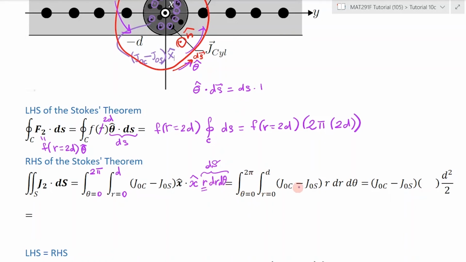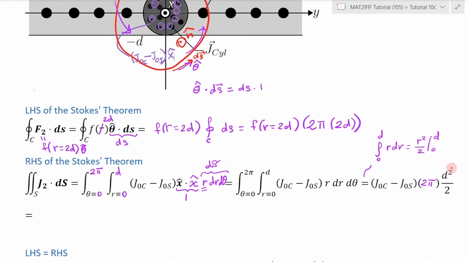Okay, here I copied everything I just explained, and I also simplified x hat dot x hat to be 1. Next thing I did, I took this out of the integral. I integrated over theta. The integral would be 2 pi. And then we have integration over r. So we have the integral from 0 to d of r dr, which gives us r squared over 2 from 0 to d.